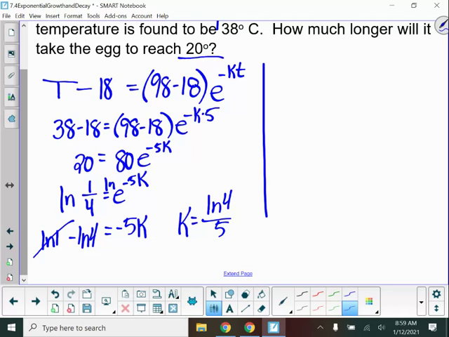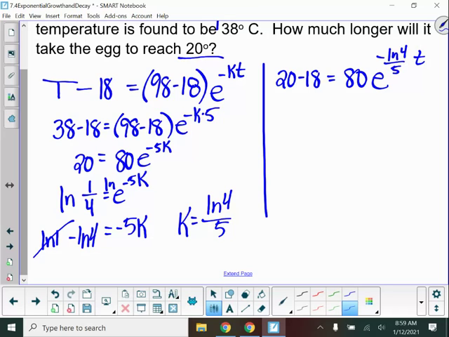So if I go back to the same equation, now I'm going to put in the 20. I can keep the 80 there because I know 98 minus 18 was 80. So that's going to be e to the negative natural log of 4 over 5, and then times t.